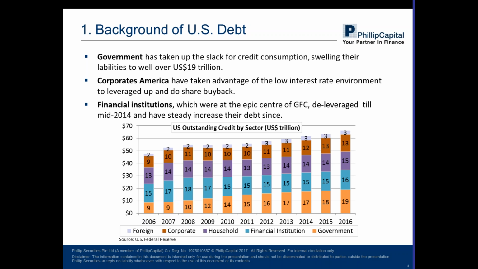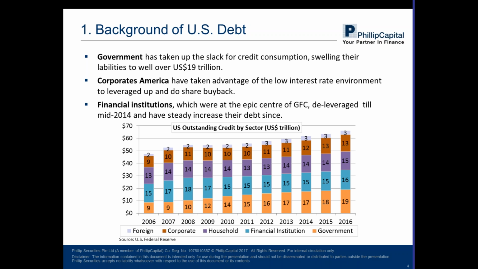But what I would like to point you guys to is that the constitution of the credit holders in 2008 and as of last year has significantly changed. In 2008, the government held about 10 trillion of the debt in total, and you could see that the biggest holders were still the financial institutions as well as the corporates.